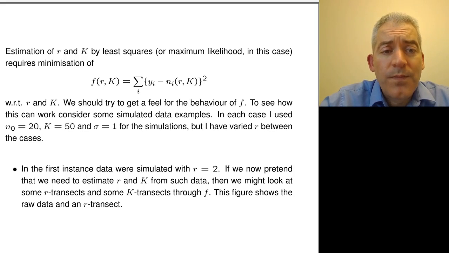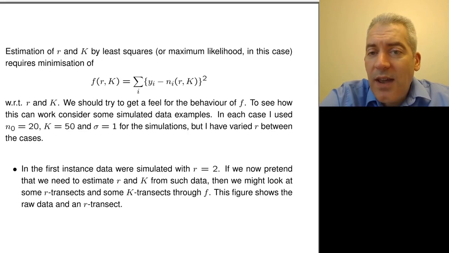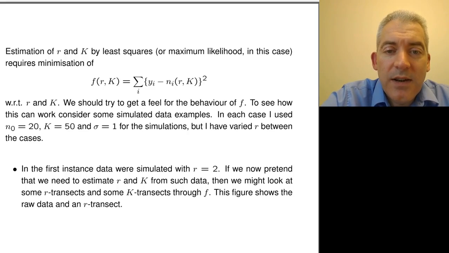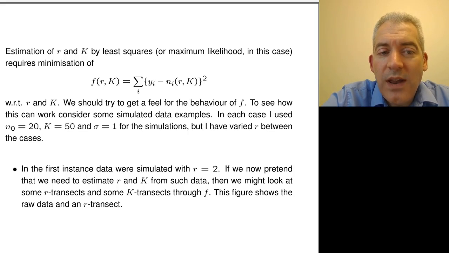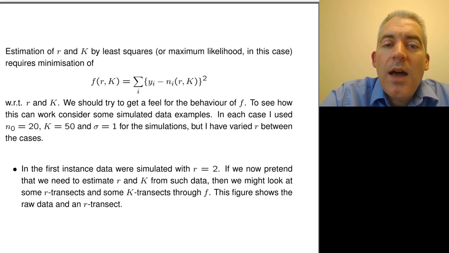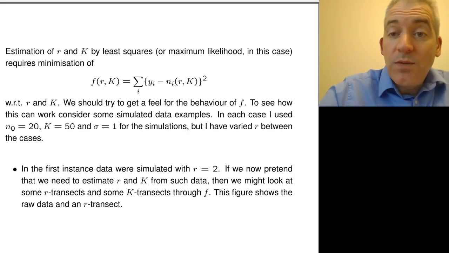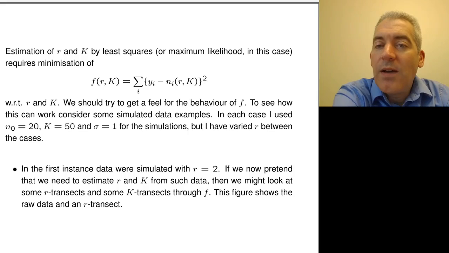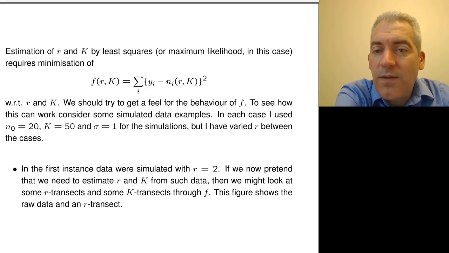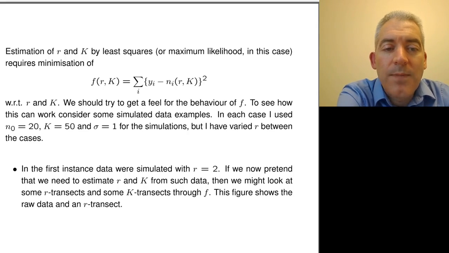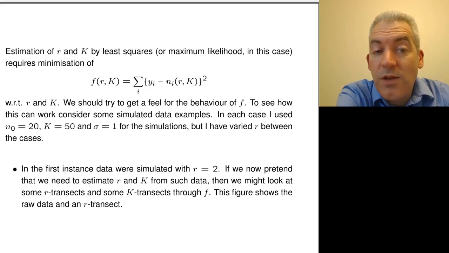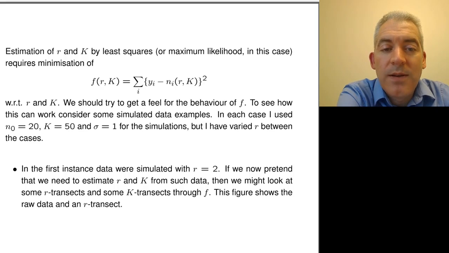To investigate this problem, let's just simulate some data. We simulate with known N, K, and there's the sigma as well, which is the noise. We could pick an R, but let's pick a few different R to understand how the behavior of the model changes for different values of the growth rate R. In the first case, we're going to simulate the data with R equals 2 and the other parameters as previously described.